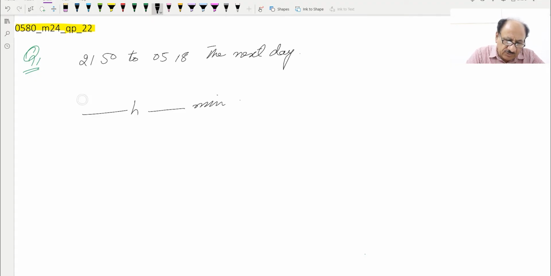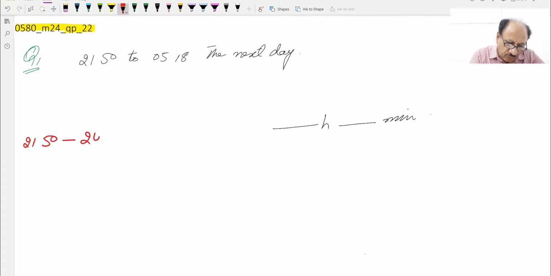These types of questions we need to take care of, because there is a day in between. If you check from this time to this time, there is 24 hours in between. So if we start from 2150 up to 24 hours, and then from 24 hours onward we have up to 0518. So we will calculate this time and then add it. We can use the calculator for this time interval.